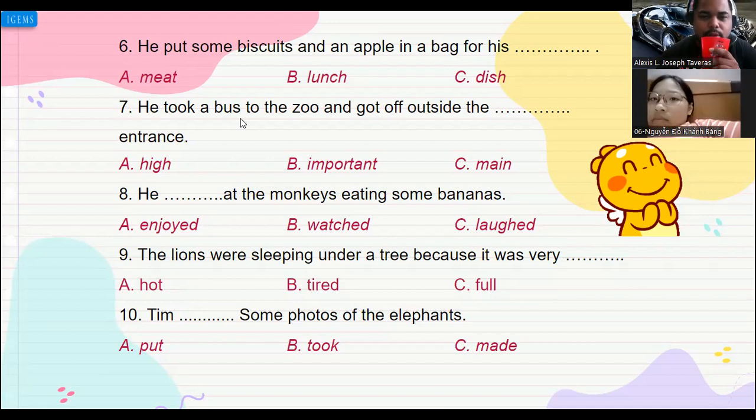Which one is the best answer? Took some photos of the elephants. Put, took, or made? Took. That's right. Pretty good job.